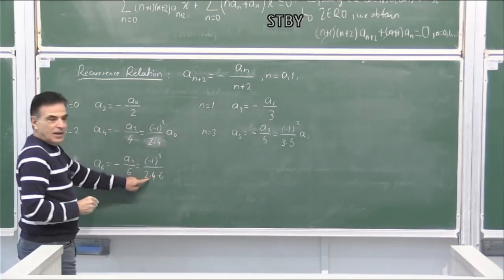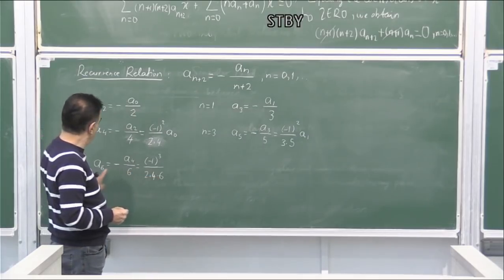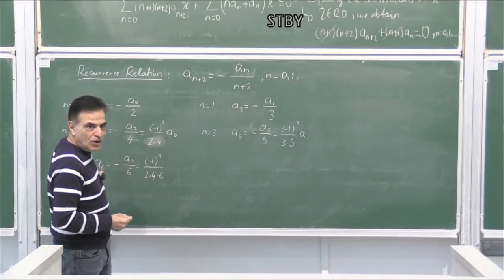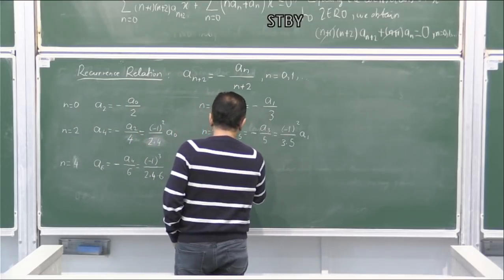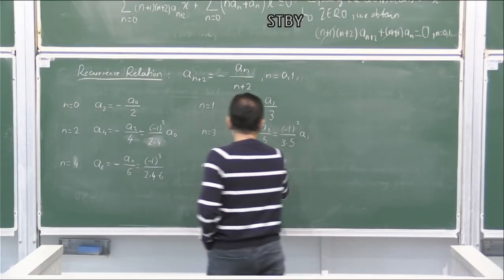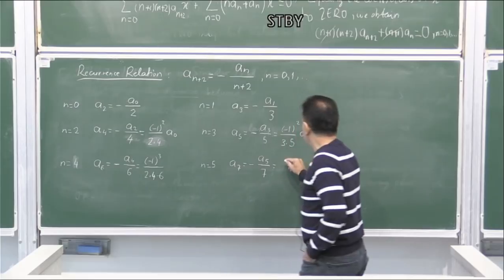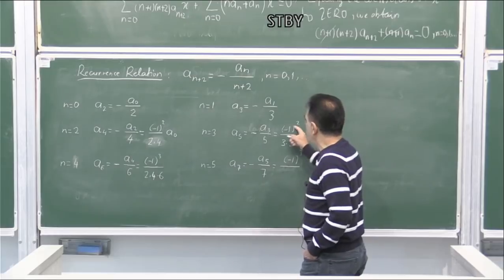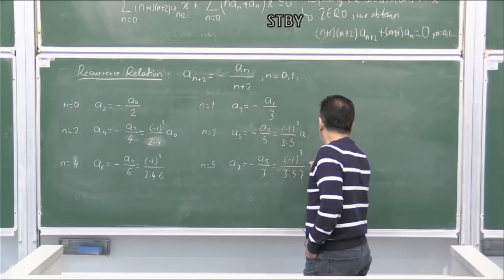So it seems that we have the product of even numbers up to 6, where 6 is the index of a. And for n equal to 5, a7 is minus a5 over 7, and it seems that this is minus 1 cube over 3 times 5 times 7, a1.